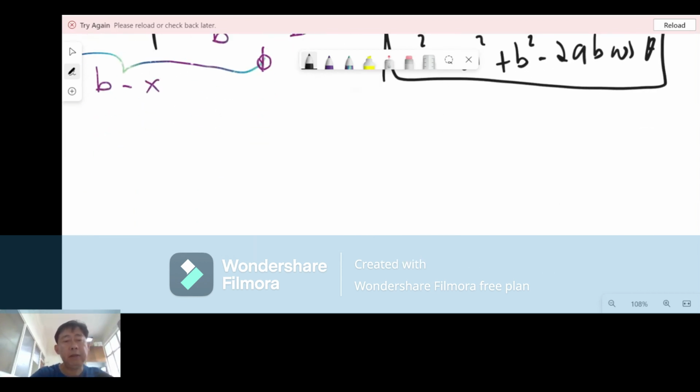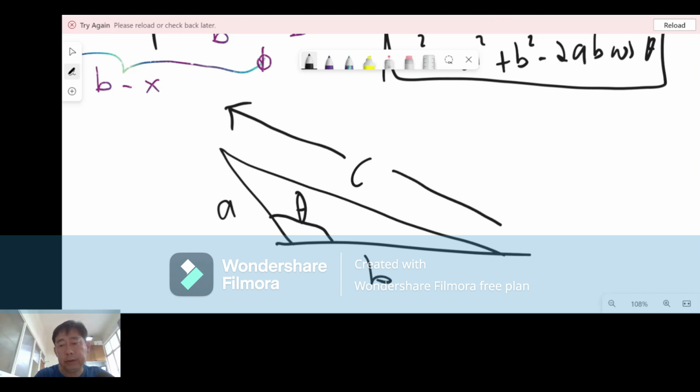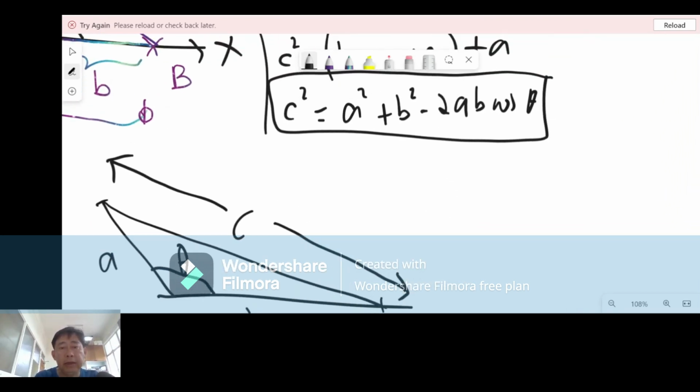Given a triangle that has sides A and B, where the angle defined between A and B is theta, and C is the length of the third edge of this triangle, which is not necessarily 90 degrees, the relationship between the sides and the angle is given by this law of cosine.